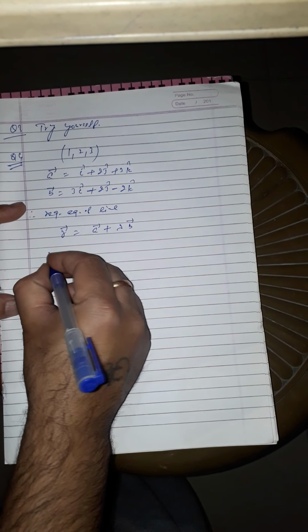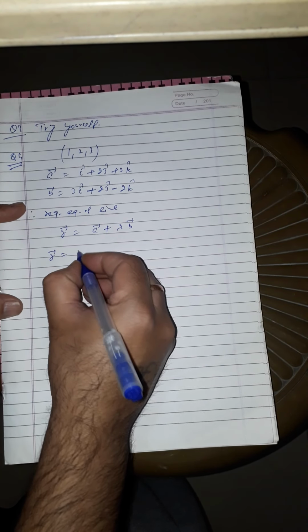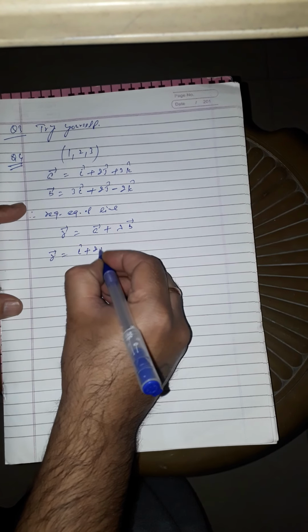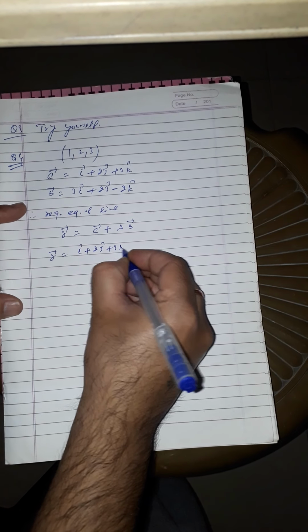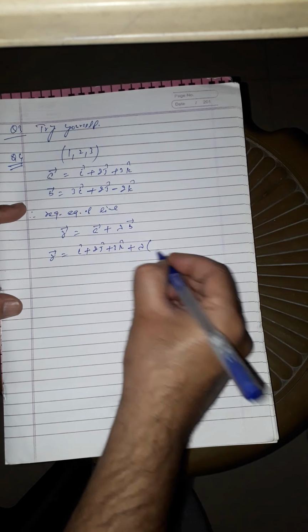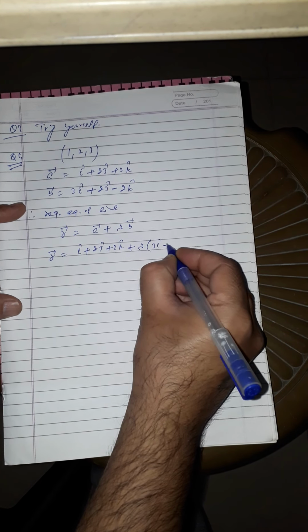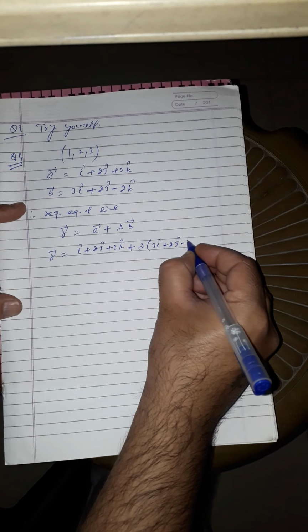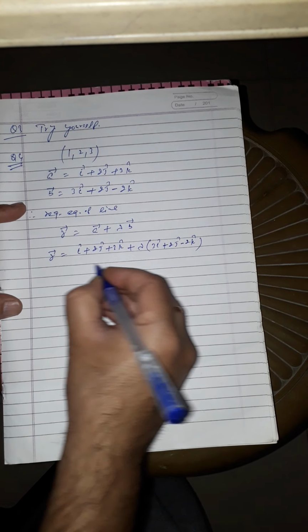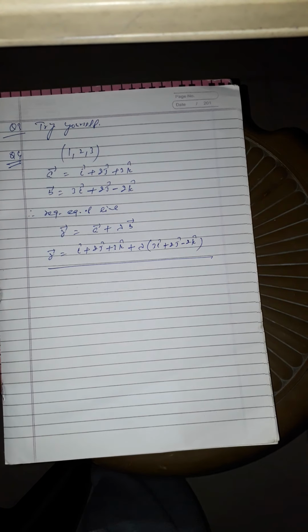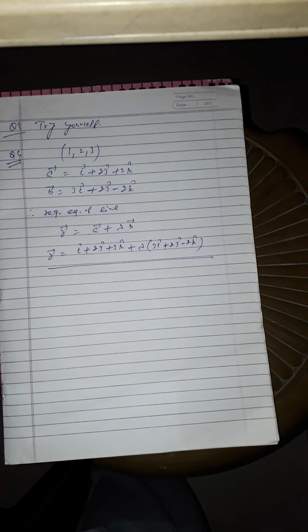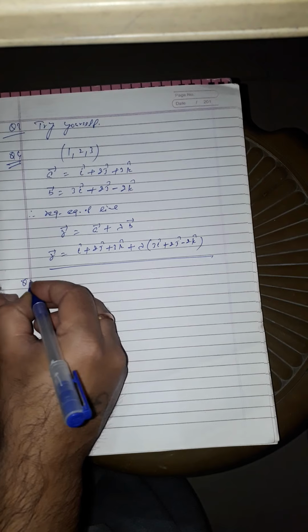You will get vector R equal to A, that is i plus 2j plus 3k, plus lambda into B, that is 3i cap plus 2j cap minus 2k cap, and this is the required equation of the line that we will get, right? So let us come to question number 5 now.